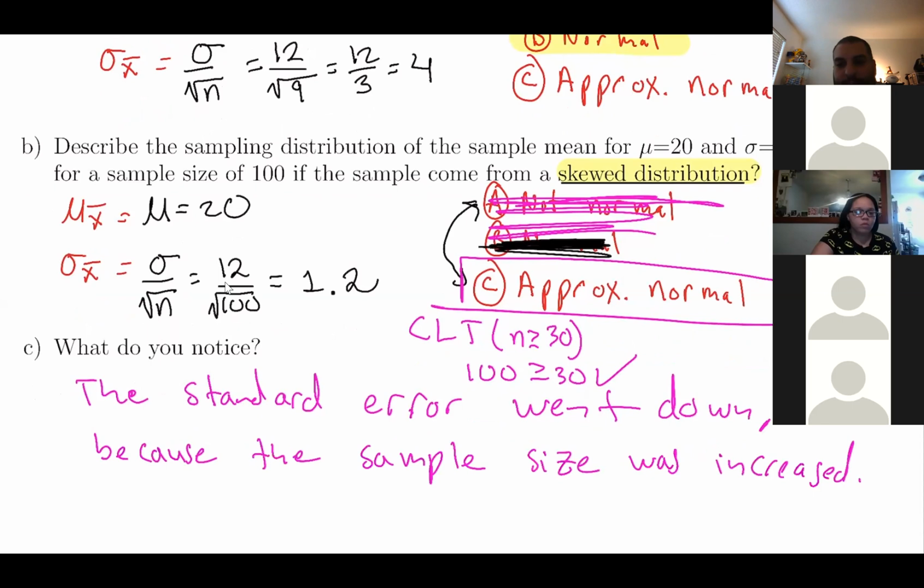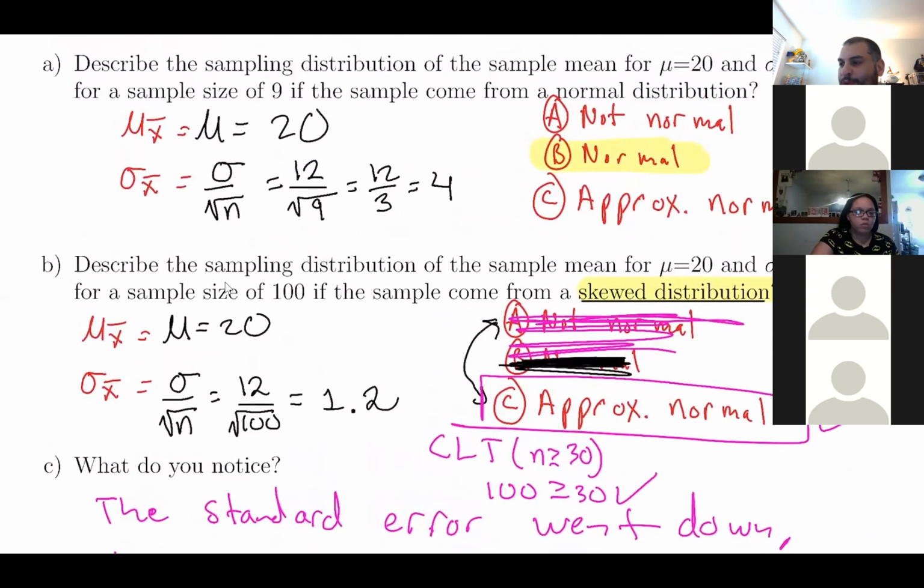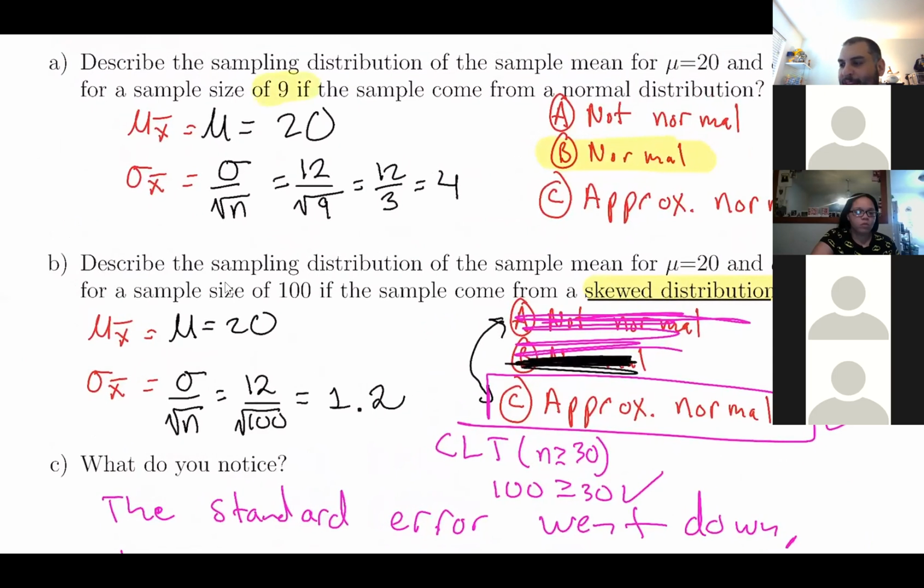So think about it like this: the bigger the sample size, the smaller your standard error should get, because the bigger the sample gets, the more accurate it should be versus a sample size of 9. Which sample would you trust more, a sample which only has 9 or a sample that has 100?